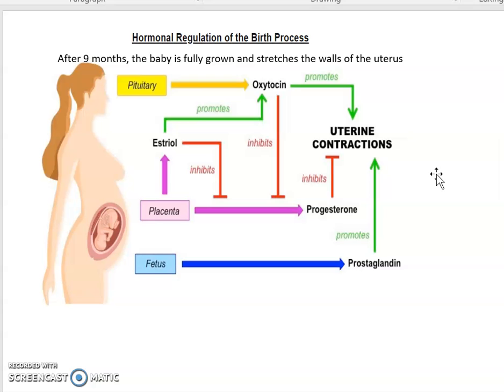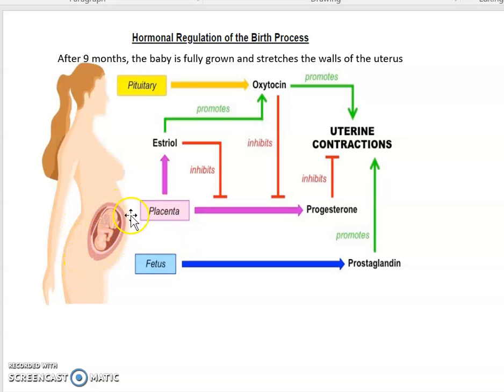And one of the things that progesterone does, which we haven't yet mentioned, is that it prevents uterine contractions. Because if you have contractions of the uterus during the period of time where the baby is developing, then that can dislodge the endometrium and cause a miscarriage.